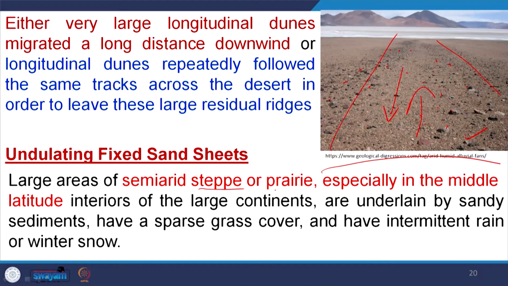These undulating sand sheets are mostly common in semi-arid regions, like the semi-arid steppes and prairies, especially in the middle latitudes, in the interior of large continents. They are underlain by sandy sediments, have sparse grass cover, and have intermittent rain or winter snow.